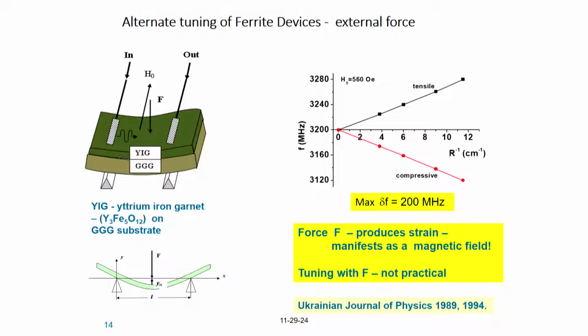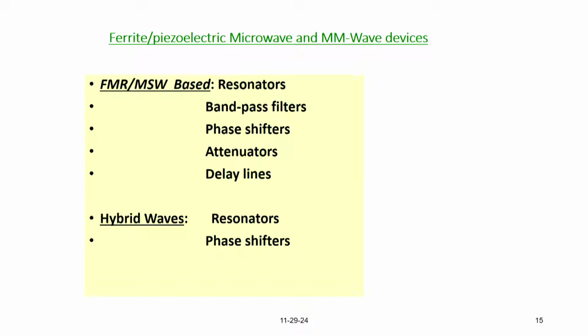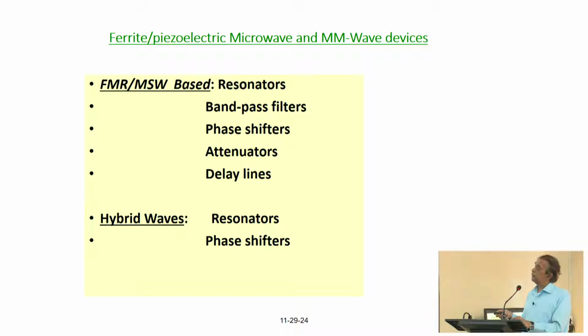So that's how they were able to demonstrate the tunability with a mechanical force. We are doing essentially the same thing, except that the force is created by the piezoelectric strain in the composite. Okay? So I'll talk about these devices: resonators, band pass filter, phase shifter, attenuators, and delay lines, and based on hybrid waves, resonators and phase shifters.